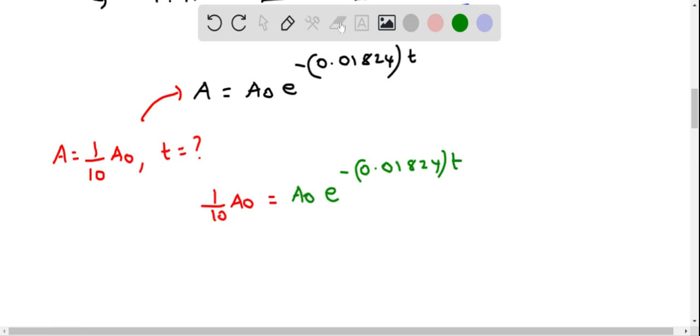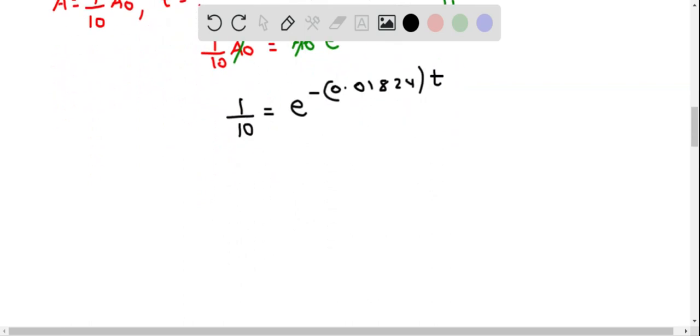Now we can cancel this A naught by dividing both sides by A naught, and this becomes 1/10 equals e raised to the power of negative 0.01824 times t.